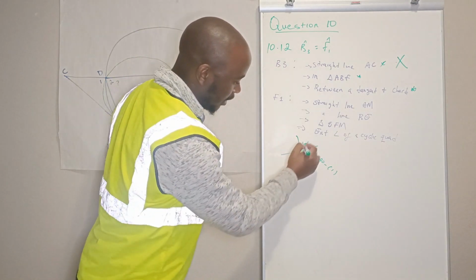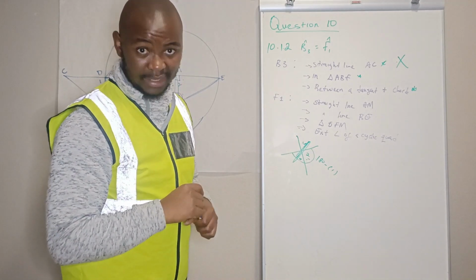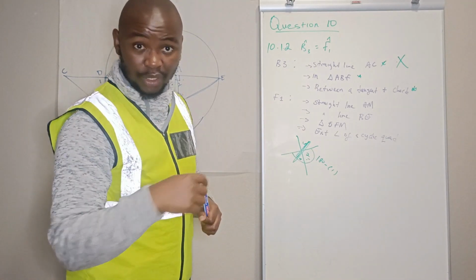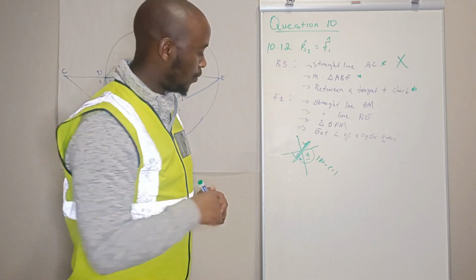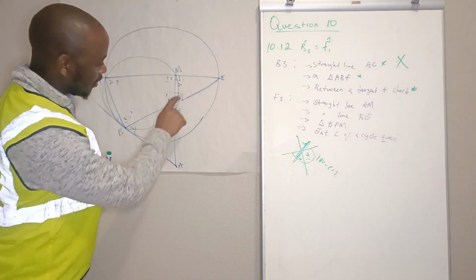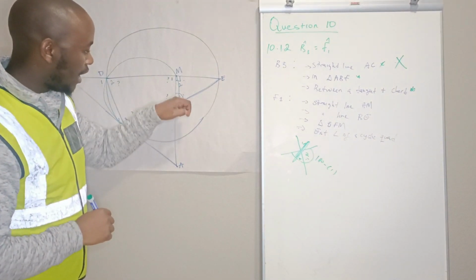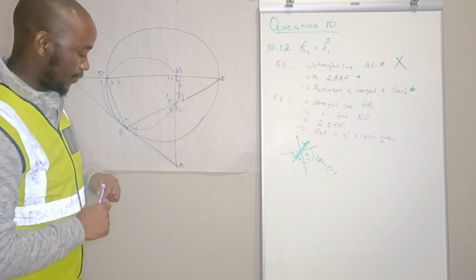So these two angles are equal. This is a theorem. If you want us to go through that theorem nicely, please put your suggestions in the comment section below. This is the basis of saying that F3 is equal to F1. So we can find the value of F1 and relate it to F3.